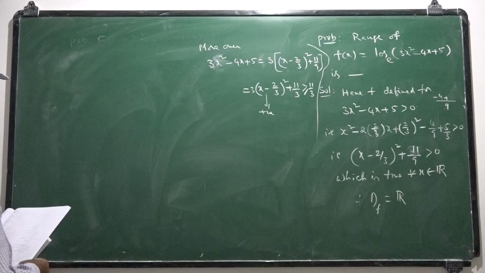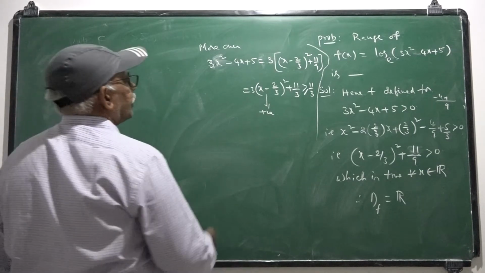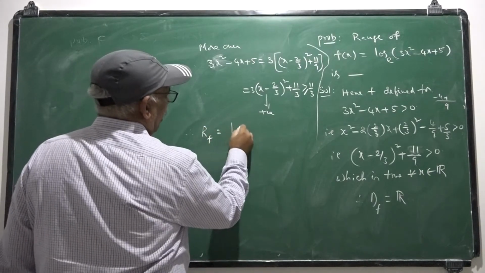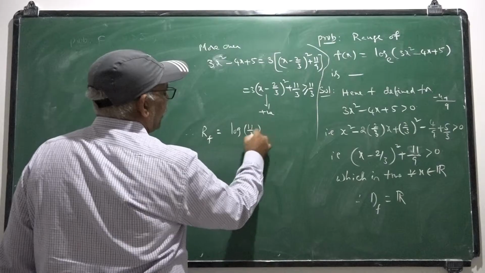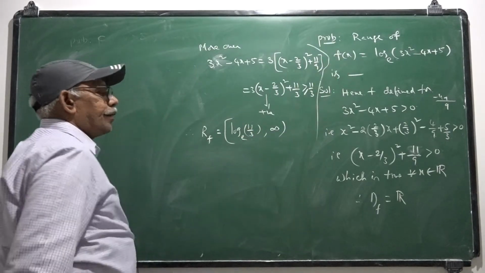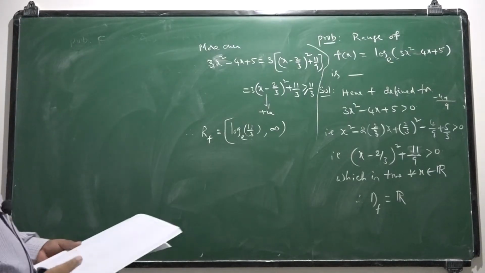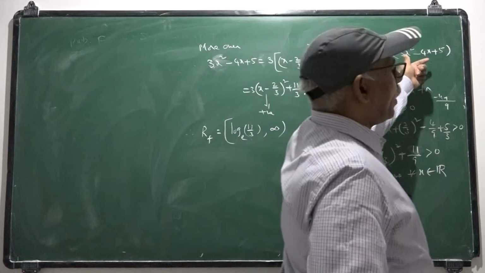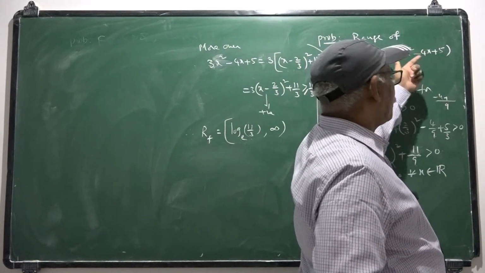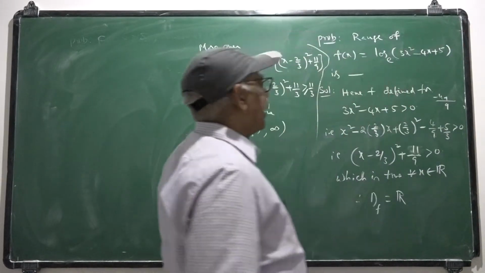So that, range of f is logarithm of 11 by 3 to the base e to infinity. Since this value is more than 11 by 3, log 11 by 3 to the base e is the minimum value, and the maximum value is not defined here.